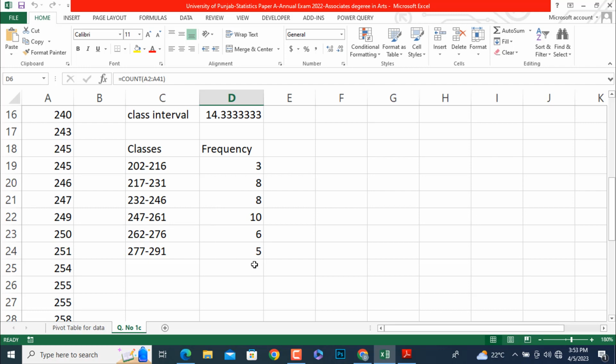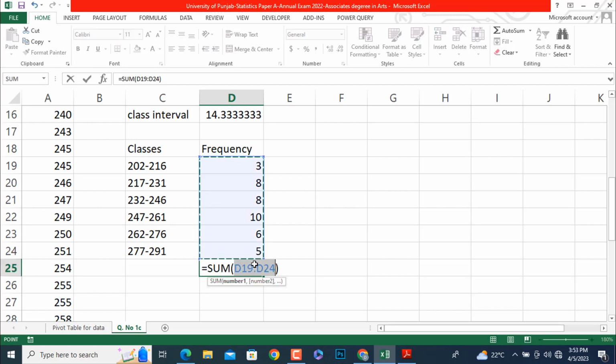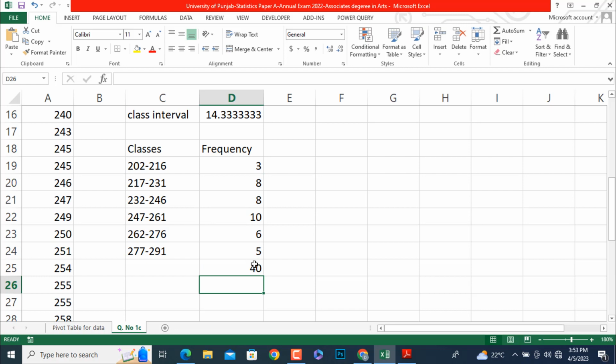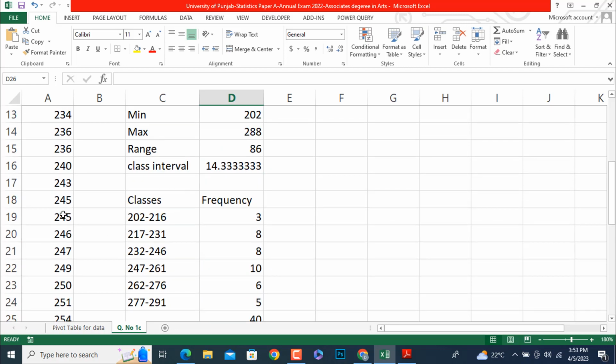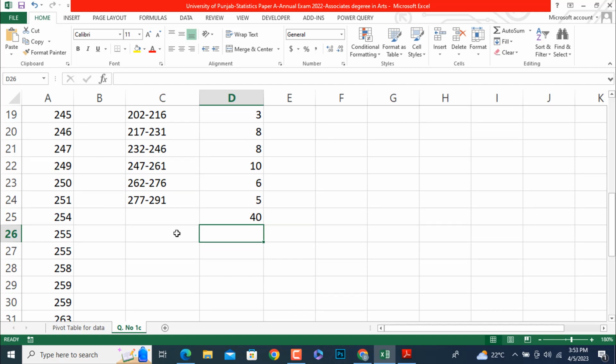If you add these up, you will see that the total is equal to the number of observations in the sample data, n equal to 40.